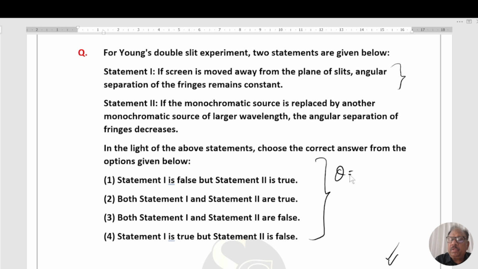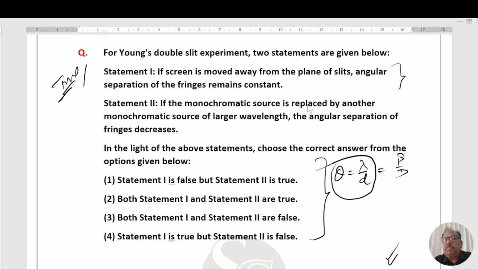Angular separation theta equal to lambda by small d, or beta upon capital D. If the screen is moved away from the plane of the slits, angular separation of fringes remains constant, as it does not depend on that parameter. It means this is true.